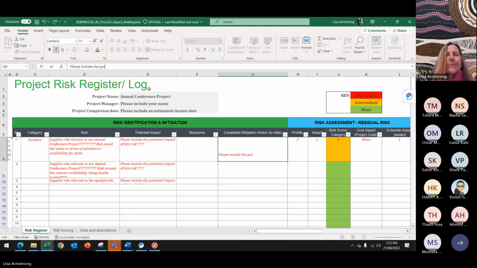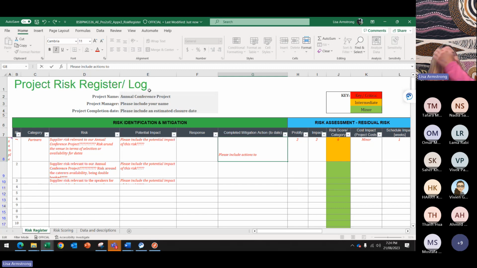Perhaps mitigation could have included seeking partners' support for a recommendation, potential speakers, and also another venue.